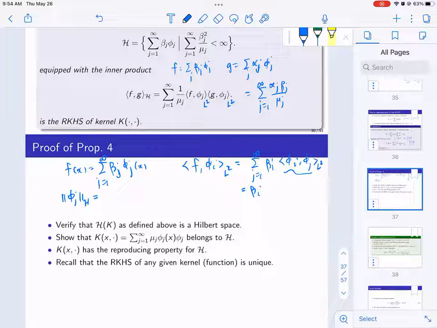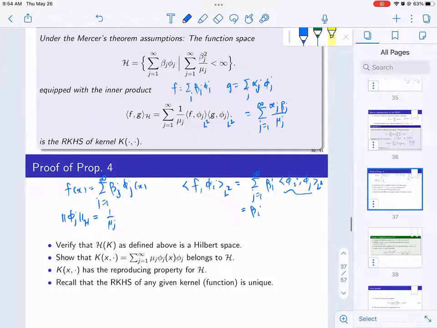One of these terms would be 1 over mu j. So it matches what we had before. The L2 norm is 1, and the Hilbert norm is 1 over mu j.